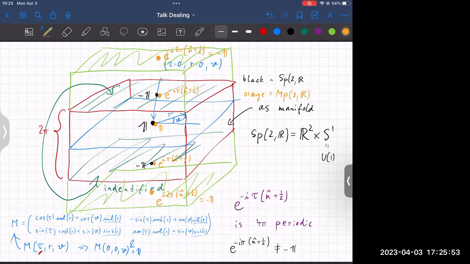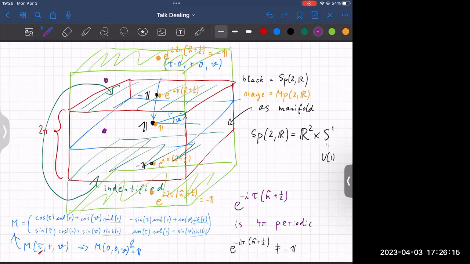And of course, what I haven't told you in detail yet is how you make the group operation work in here. But essentially, every point in here has a corresponding antipoint outside of it.